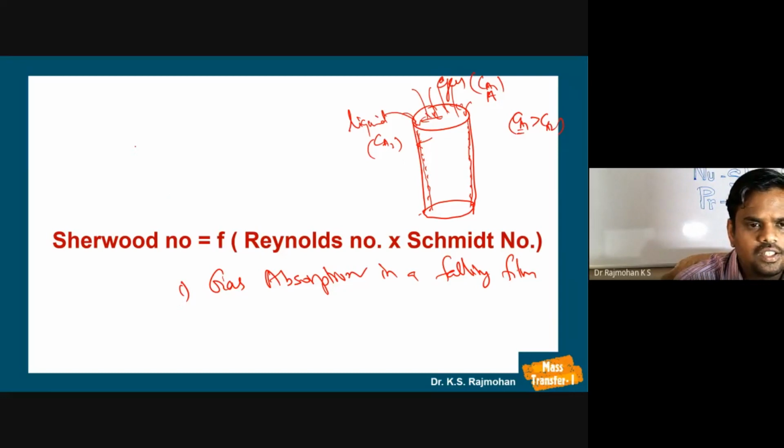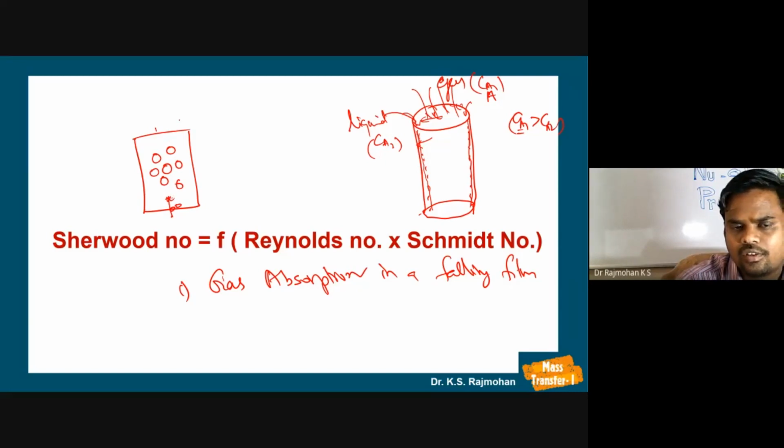There is another example, agitated vessels. Here we introduce gas bubbles into the system. Either it can be done by introducing air into the system, or you can have agitators in the system.